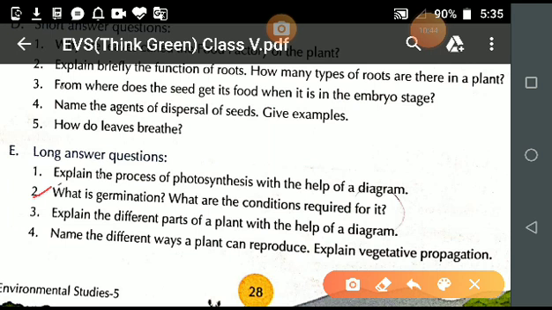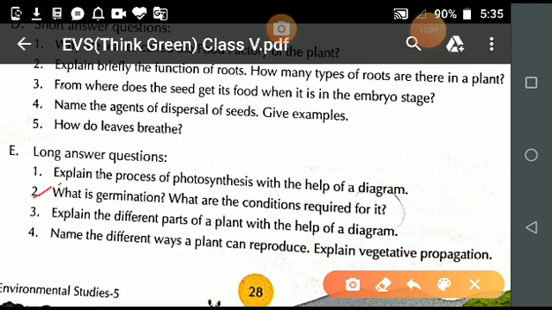So students, the conditions which I explained are required for germination. First is air, because plants prepare their own food and need carbon dioxide, and they take this carbon dioxide from stomata, and they give out oxygen, which is our living gas. The second condition for germination is water.